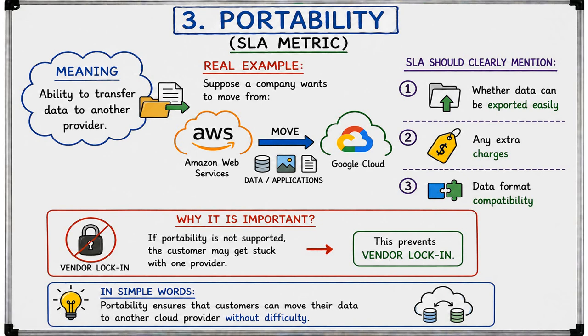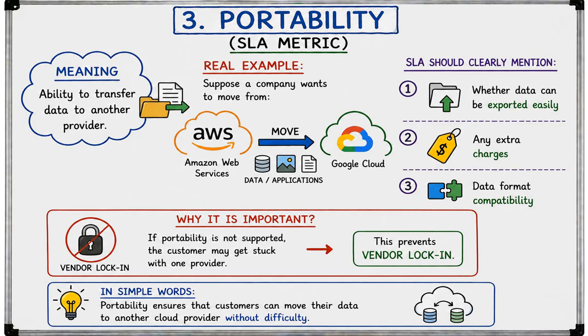Vendor lock-in means the customer becomes dependent on one provider and cannot easily switch. The problems may be high switching cost, technical difficulties, and limited flexibility, and portability helps in easy migration, freedom to choose better services, and avoids the dependency.